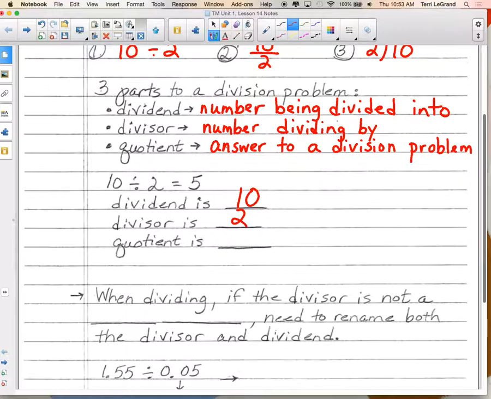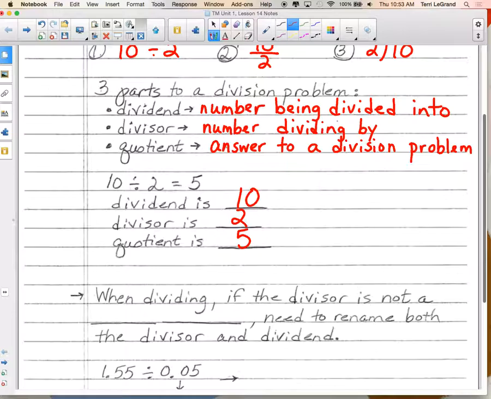That's called a quotient. So what's the quotient in our problem? 10 divided by 2 equals 5. 5, yeah, the answer. Or in other words, we can say there are 5 2's in 10.